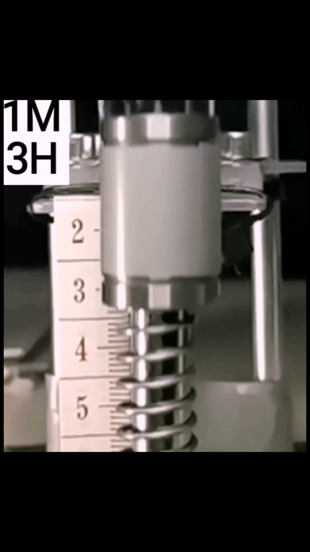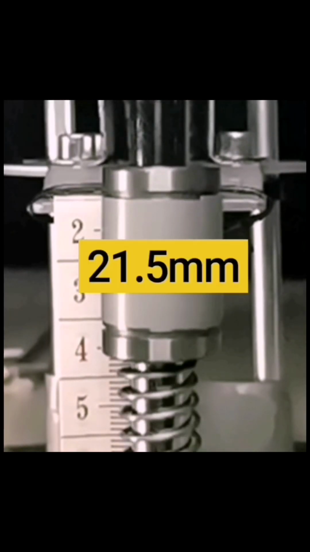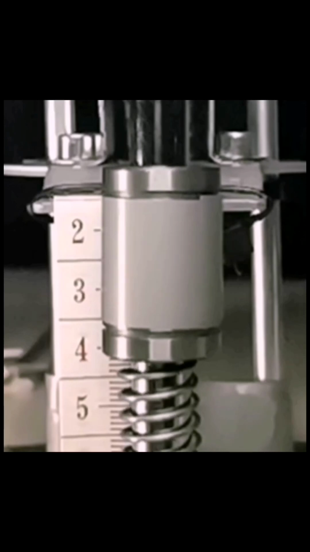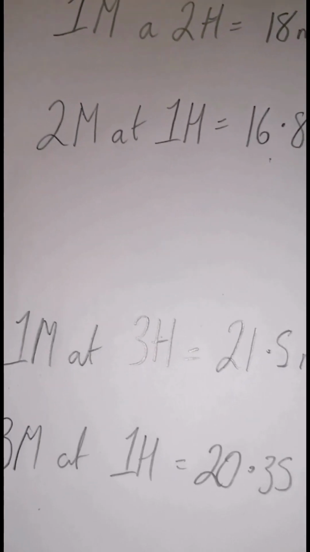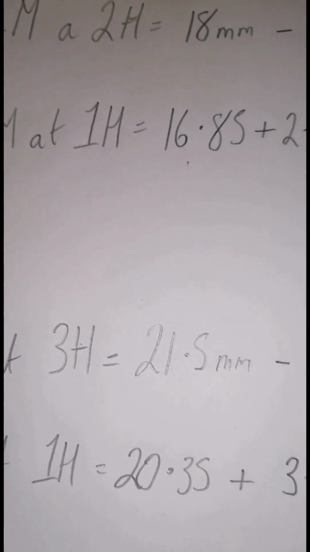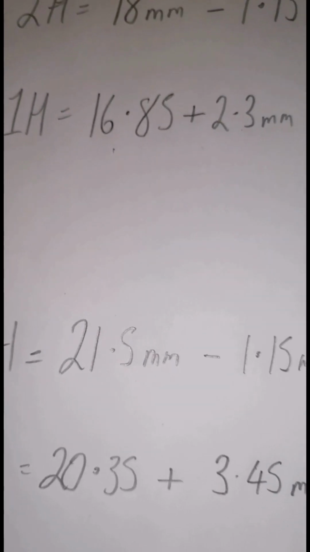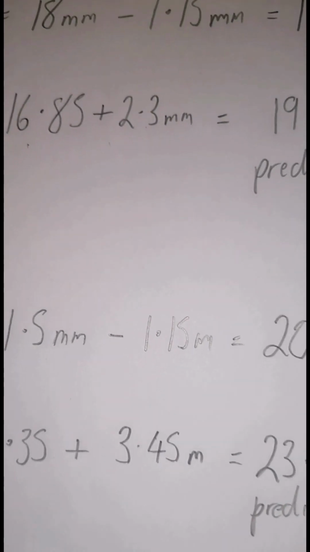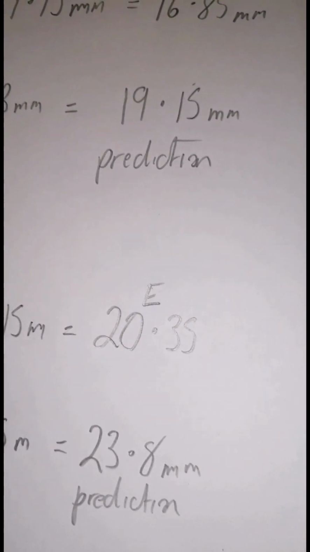5, 10, 15, 20, I'll say 21.5 on that one. So we're just seeing the 1 mass dropping from 3 heights. We're getting a rough compression of 21.5 millimeters. We take off the standing weight and that gives us the energy.